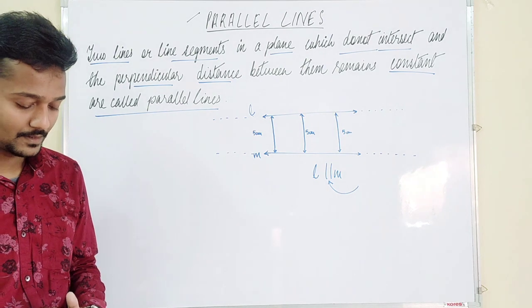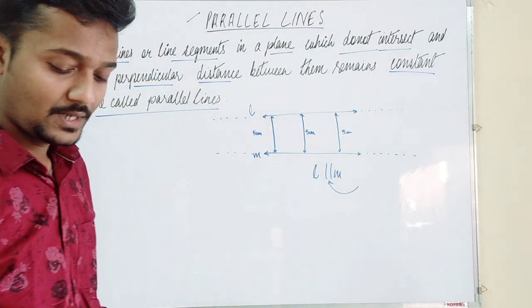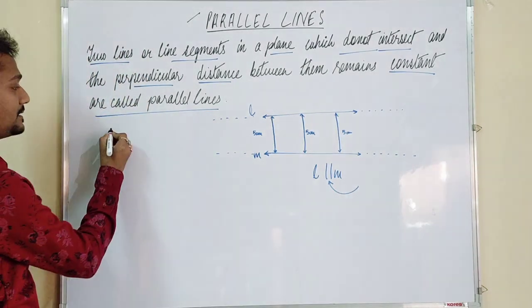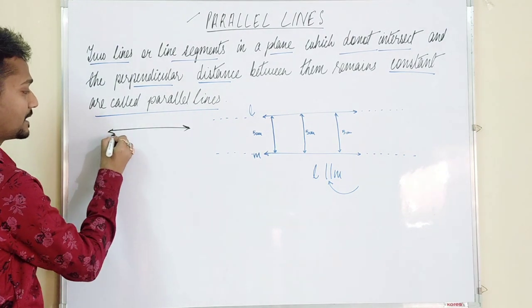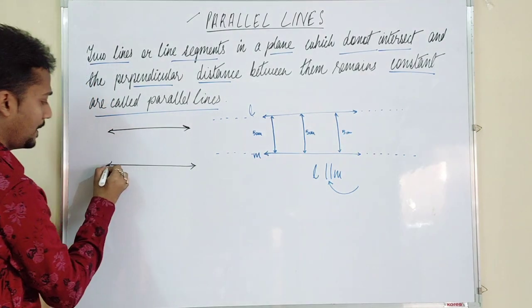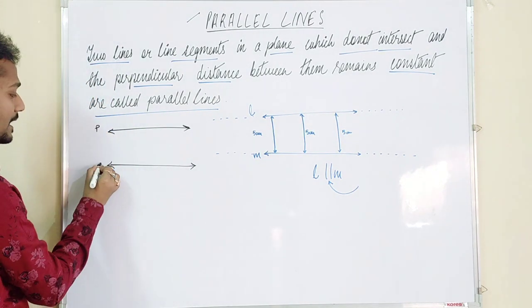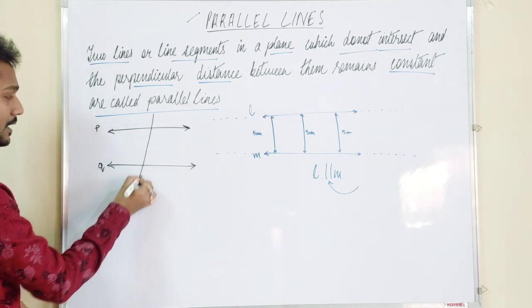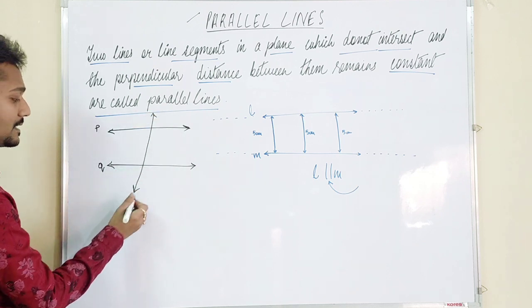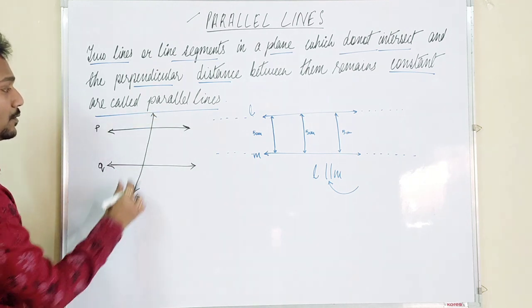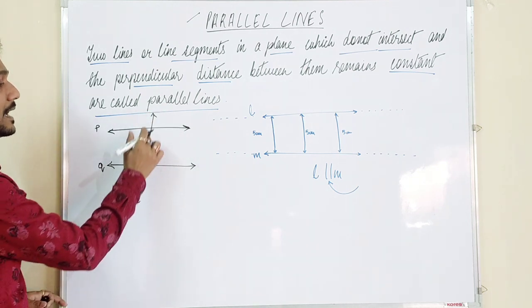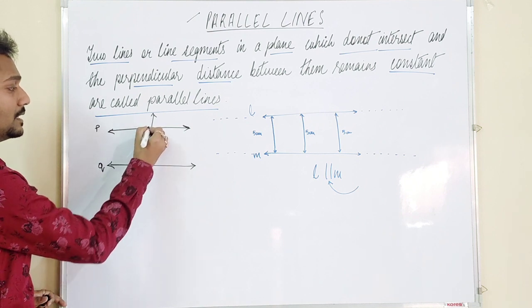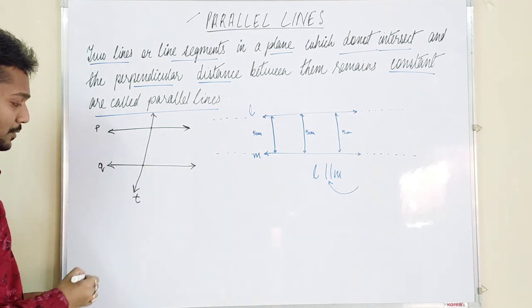Now I take a pair of parallel lines, say for example P and Q. And this is another line, say for example T, which cuts the parallel lines at two distinct points. This is one of the points and this is another point.